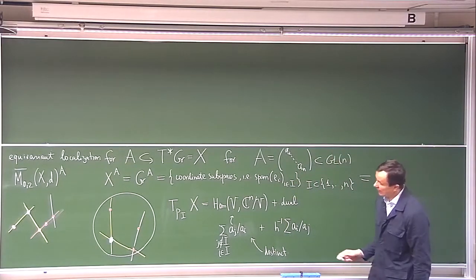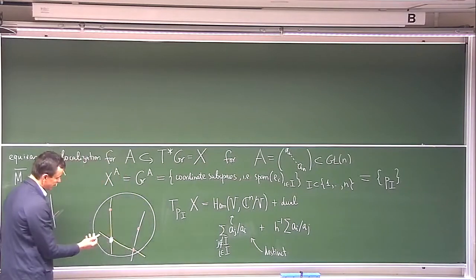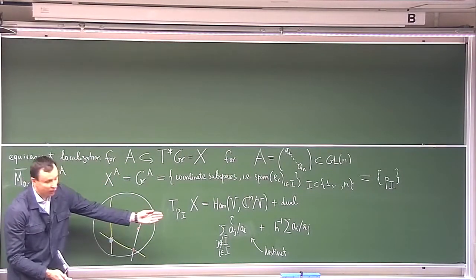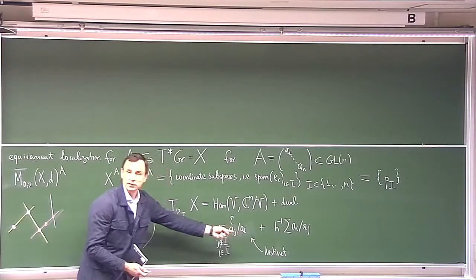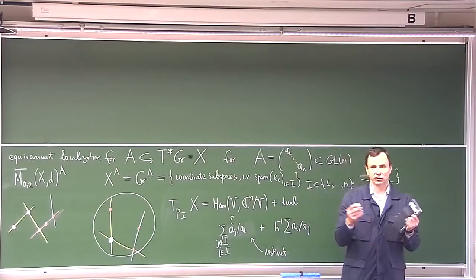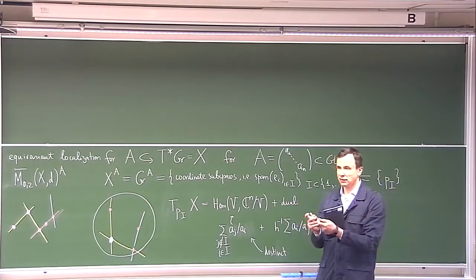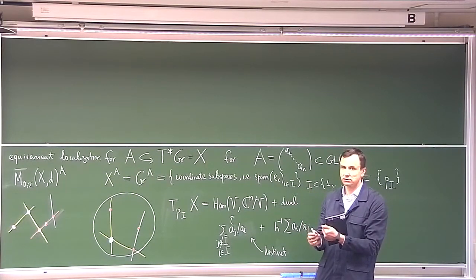And so at the marked point, a one-dimensional orbit can only go in the direction of one of these coordinate subspaces. If I have a vector space and I have a torus acting with distinct weights, then the one-dimensional orbits are just the eigen directions.